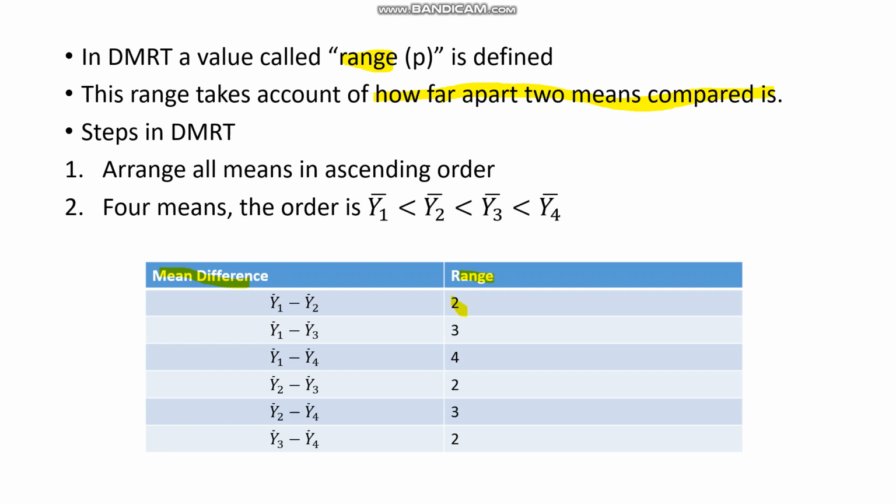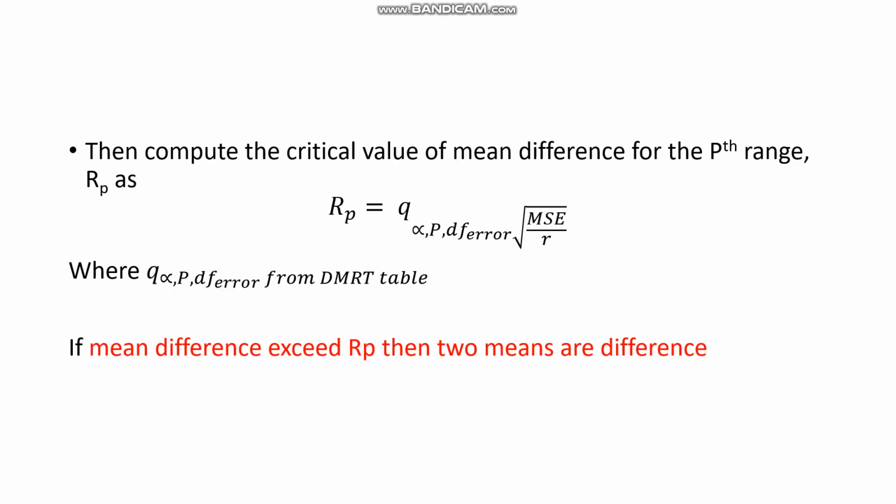Here it is 1 and 3, and there are 3 in the range, so 3 comes in here. In this way, between y bar 1 and y bar 4 there are 4 groups, so the range is given as 4. You need to keep that in mind. Then you can apply this equation for the test.